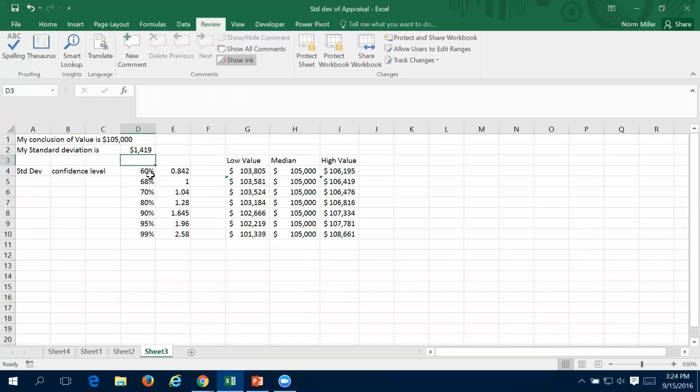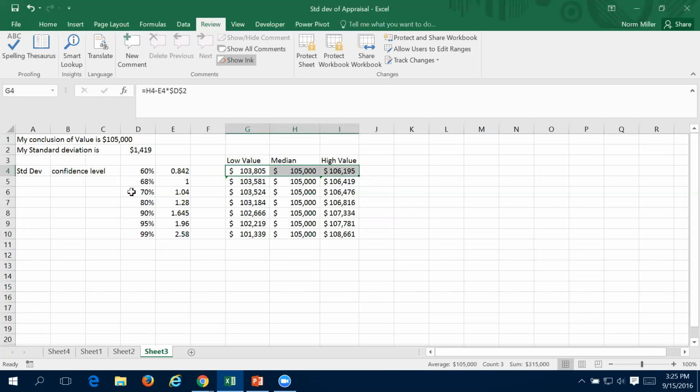If we wanted to be 60% confident, we would take 0.842 times the standard deviation, add it to our estimate for the high value, and subtract it for the low value. And this would be the range in which we are 60% confident that we know the true value. The true value lies between 103,805 and 106,195.